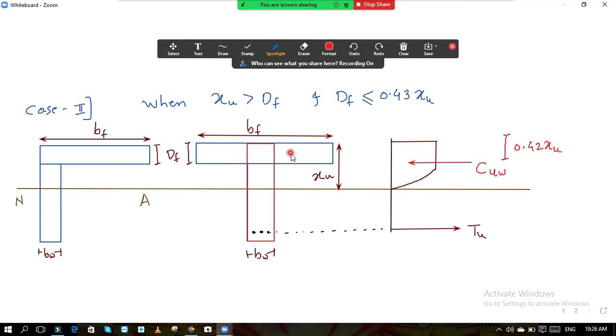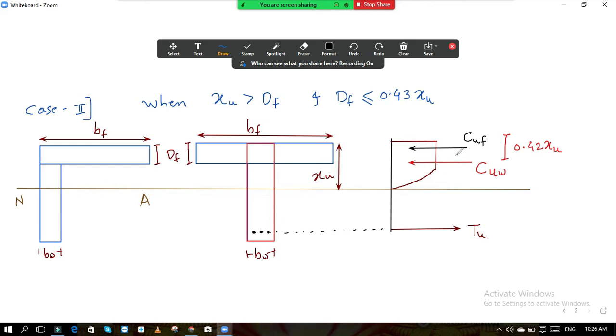Okay, and due to this flange, due to this slab, additional compressive force will be there in the flange, and this compressive force I will denote. See, this is the additional compressive force, and we call this CUF, compressive force in the flange.